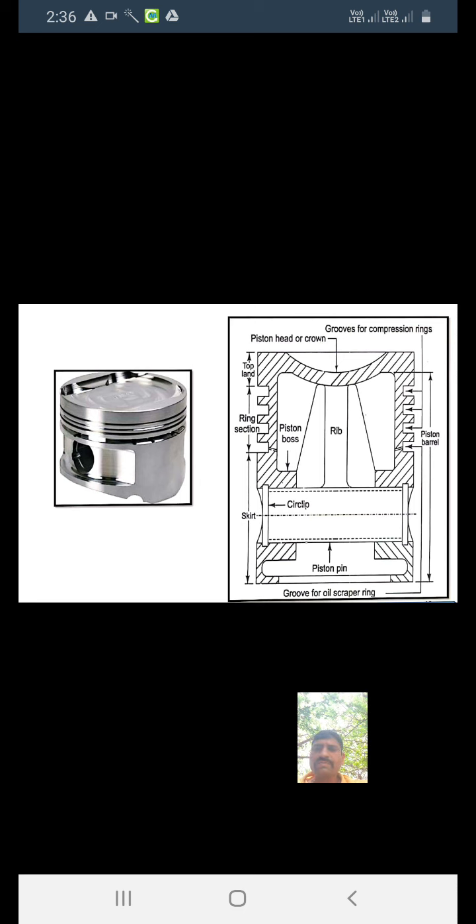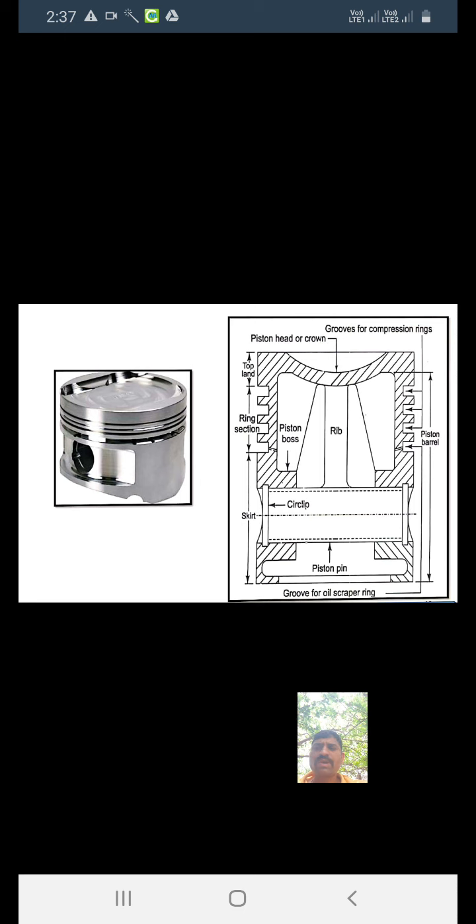It should be heat resistant so as to withstand the high temperature. The temperature is so high, that's why it should bear that temperature. It should be lightweight, not so heavy, to minimize the inertia force.